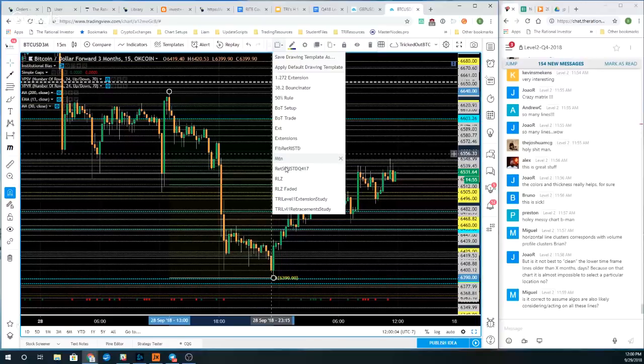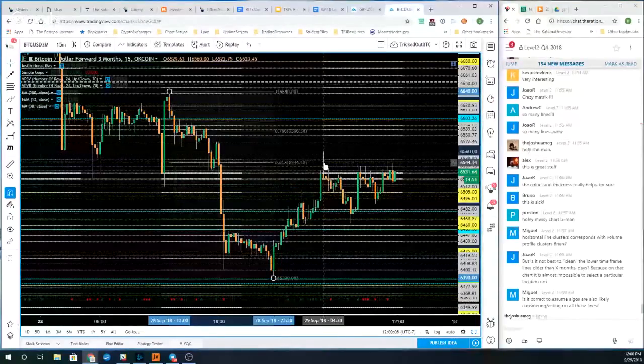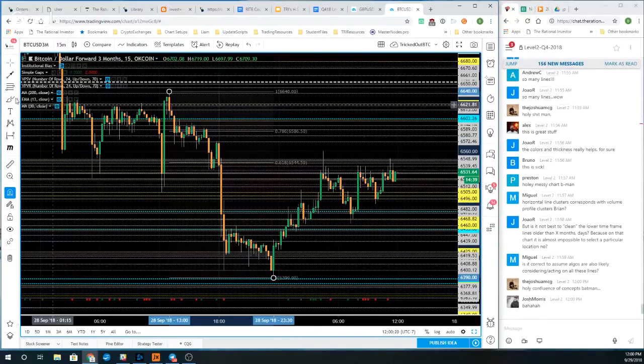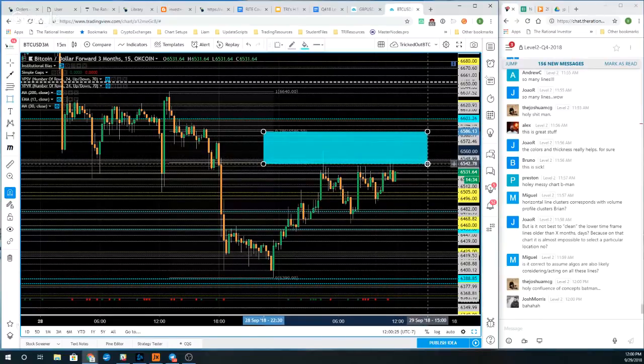We have a cluster, right? Market rallies into that cluster, doesn't want to accept up through this hole, and then gets whacked back down. Is it an accident that these levels line up with fibs? And I would say unequivocally, no.